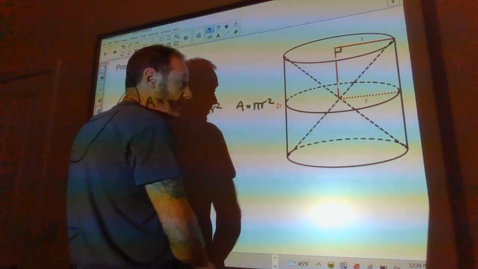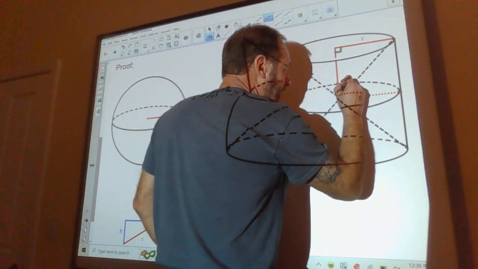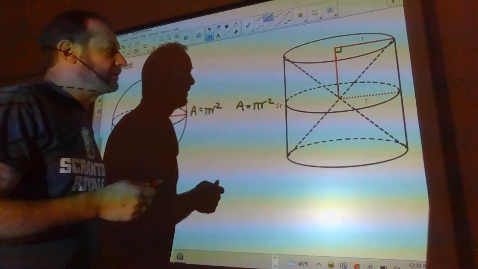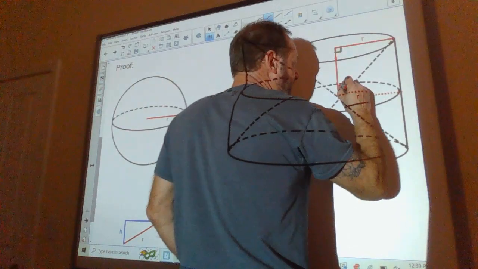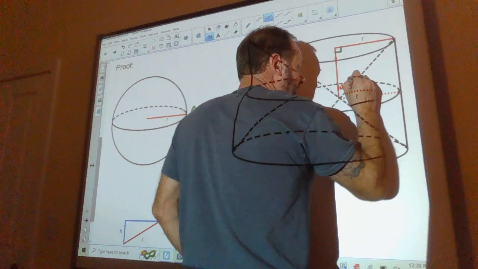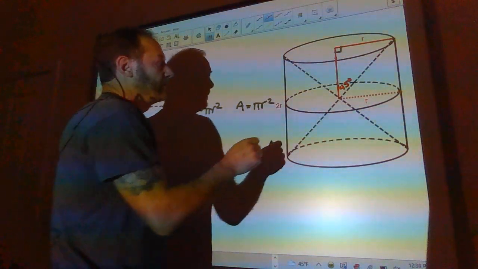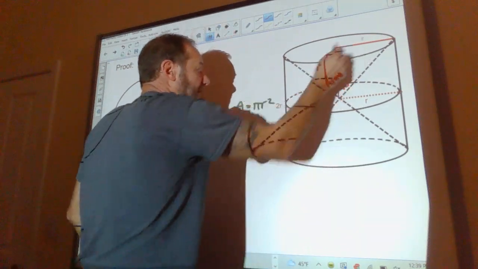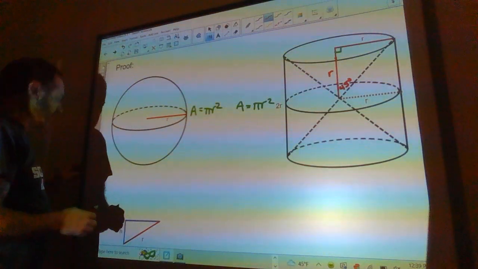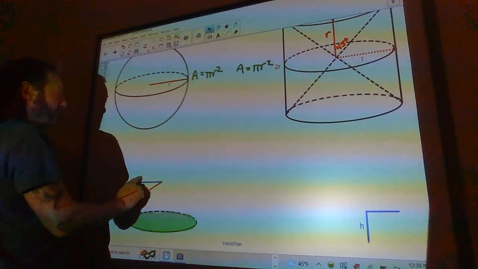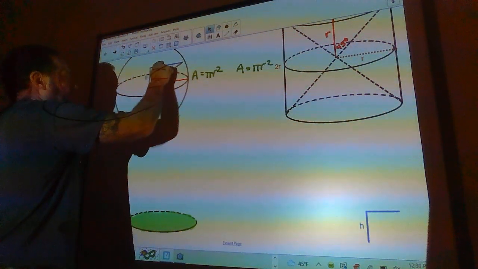And that's going to tell me that this is a 45-degree angle right here, which is going to be important. So that's r and that's r. Okay, now let's grab this. We'll drag this up here.